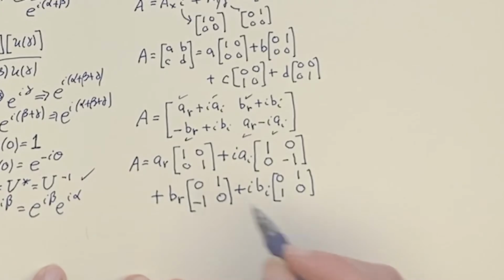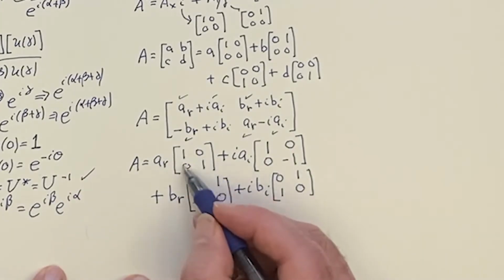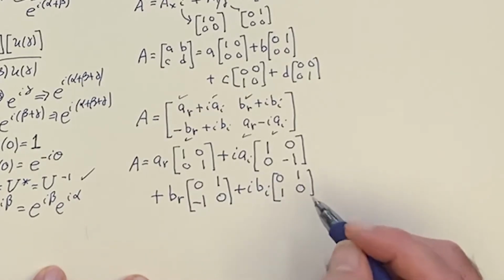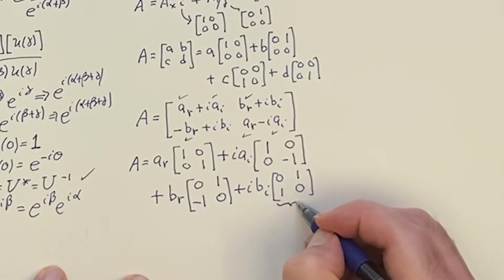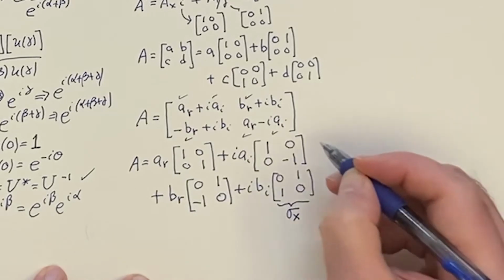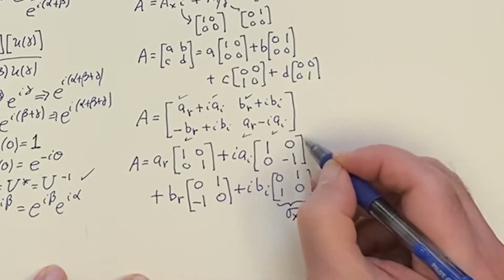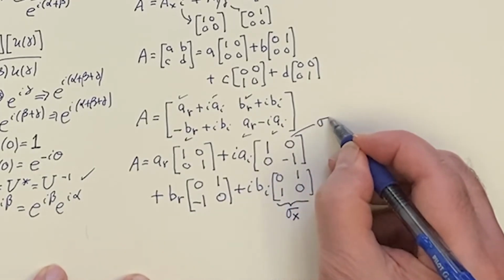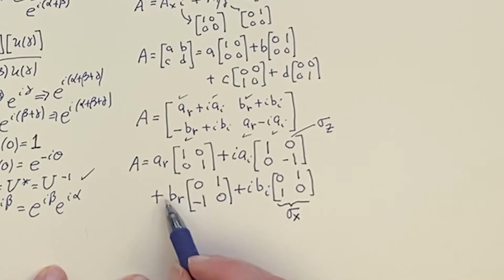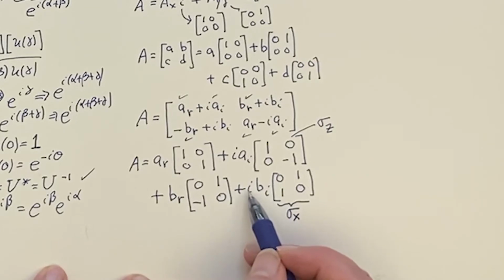Okay? So I notice I have an identity here, the identity matrix, but then I have these 3 other interesting ones. I'm going to call this one sigma x. I'm going to call this one up here sigma z. But now I have a situation where I don't have an i out here. I would like to have an i out there, because I have an i here and an i there.